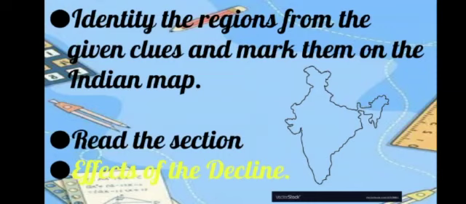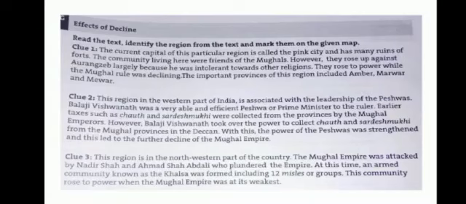I hope you understood. Now, this is the clue that you need to read and mark on the map. If you don't have any map, you can draw one on your own.